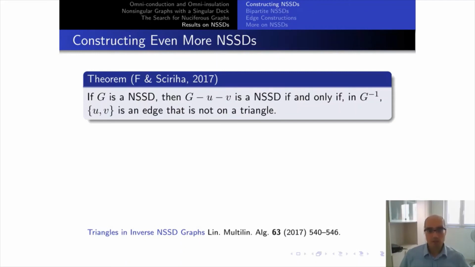So what if it is not only non-singular, but an NSSD has a singular deck? That happens if UV is an edge, so that it's non-singular, then G minus U minus V. And also, that edge does not lie on a triangle in G to the minus 1.